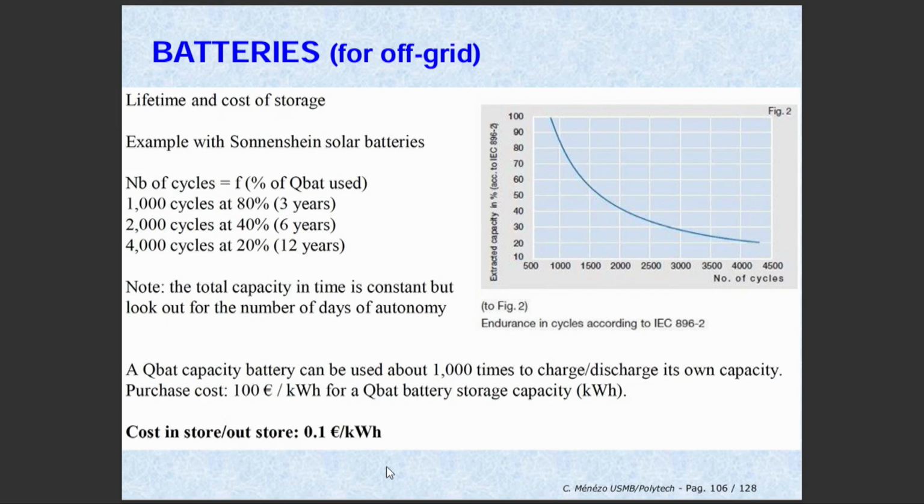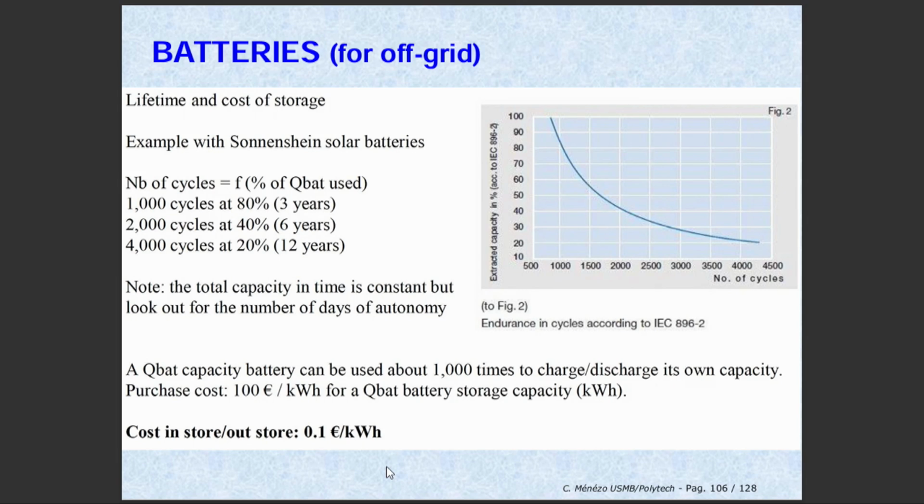One important thing, and after we can maybe make a break on it, is the number of cycles, and related to the number of cycles is the depth of discharge.